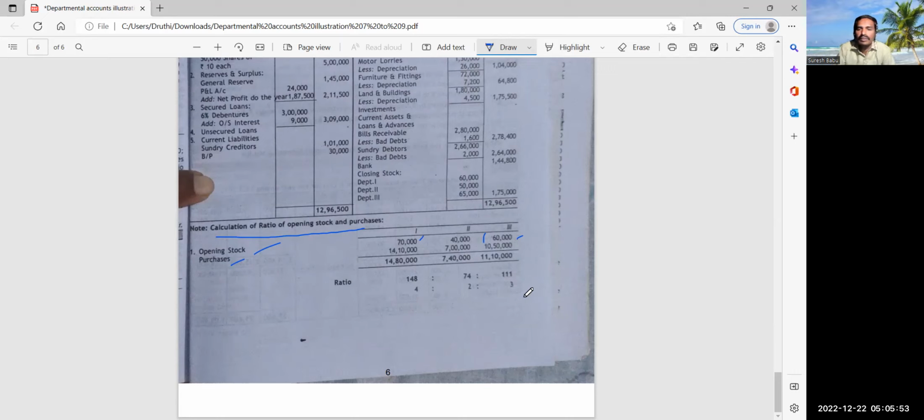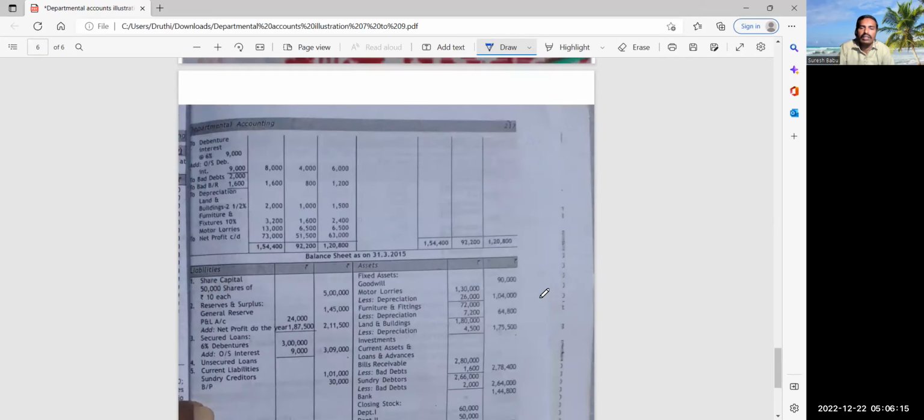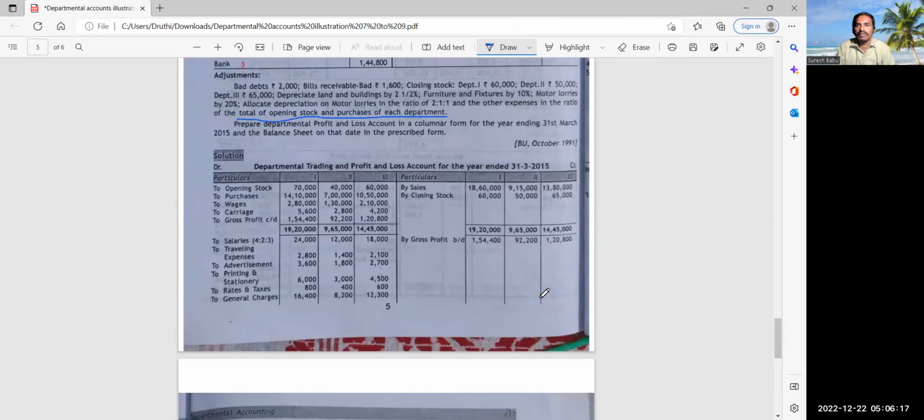How do you get 4:2:3? 37 is common. 37 twos, 37 threes, 37 fours, which is common in every number. So 4:2:3 is the ratio in which all other expenses will be apportioned between all the departments 1, 2, 3. Okay, understood? Let me take you completely.